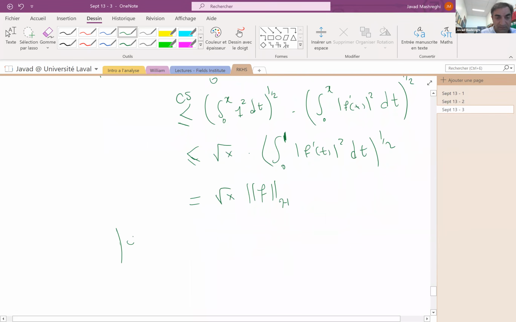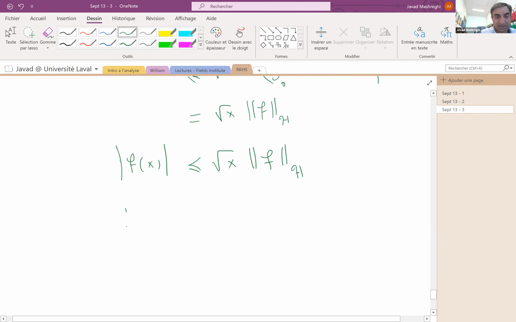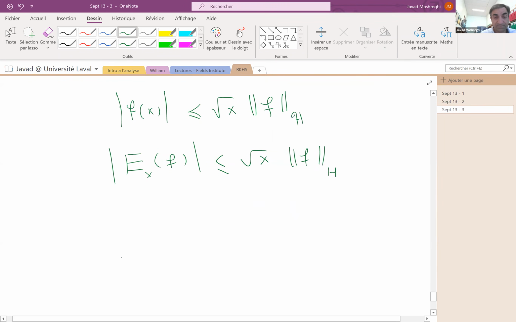So the absolute value of f of x is less than or equal to root x times the norm of f in H. I can also write this as the evaluation at point x of f is less than that, so it's continuous, and so Ex is continuous, and the norm of Ex as an element of H to R is bounded by root x.